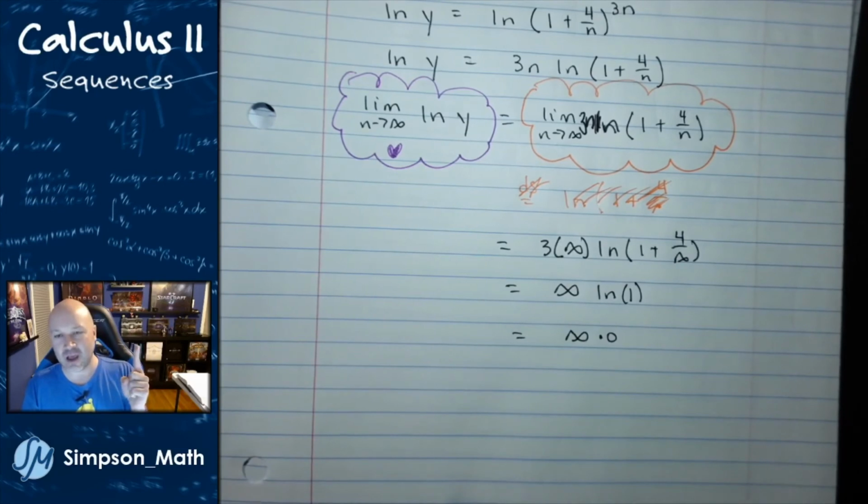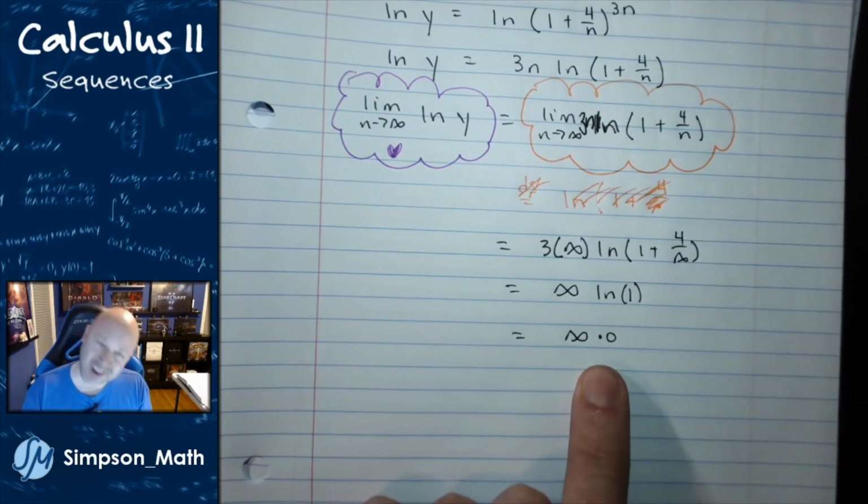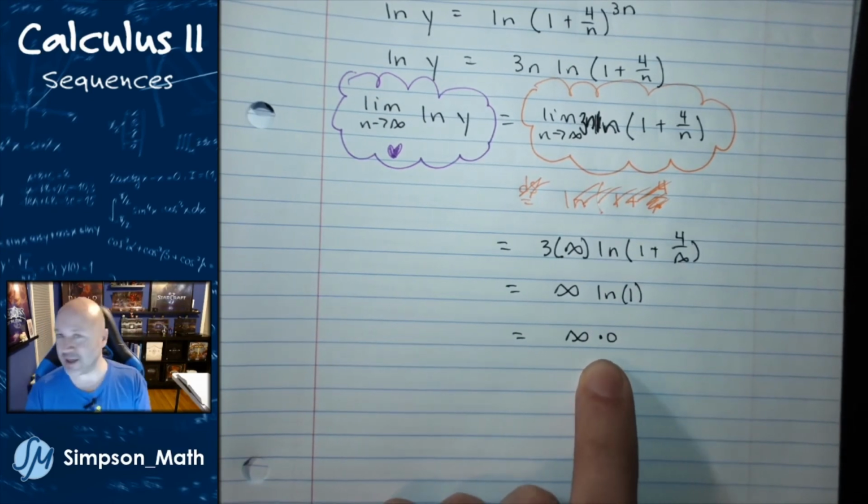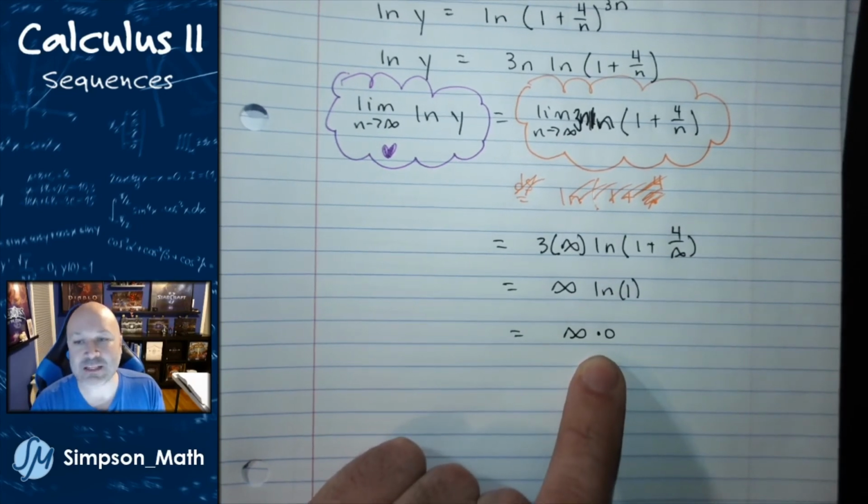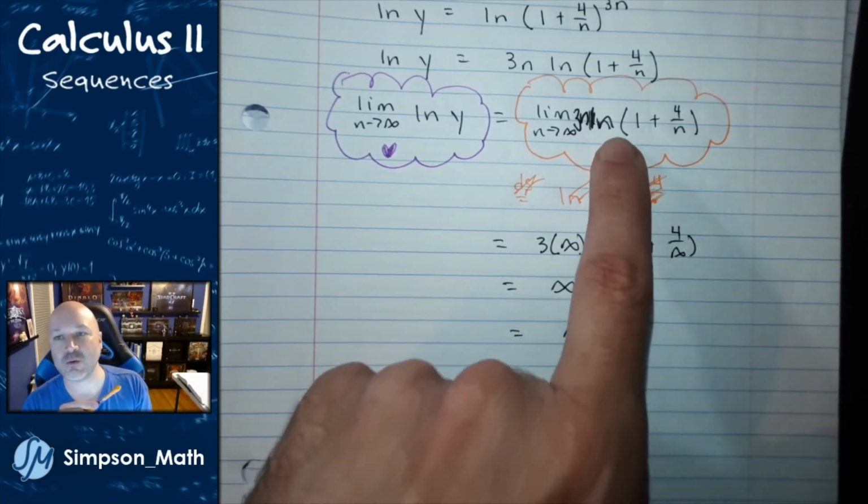We had a ratio indeterminate. That was fun in L'Hopital's. We had a power indeterminate. We rewrote it. Now it's a product indeterminate. We don't know how to handle that, but the way we do handle it is we rewrite the product as a quotient.